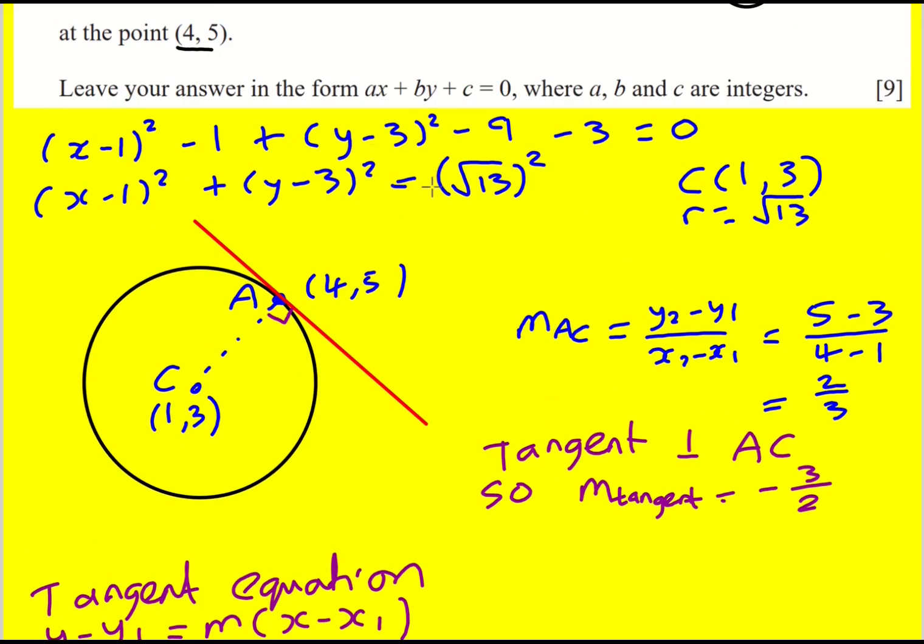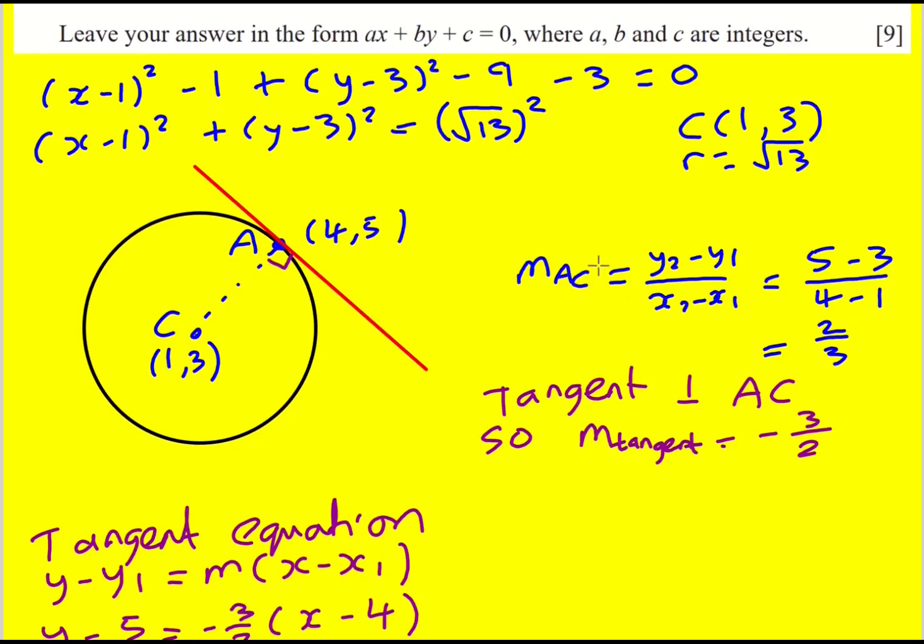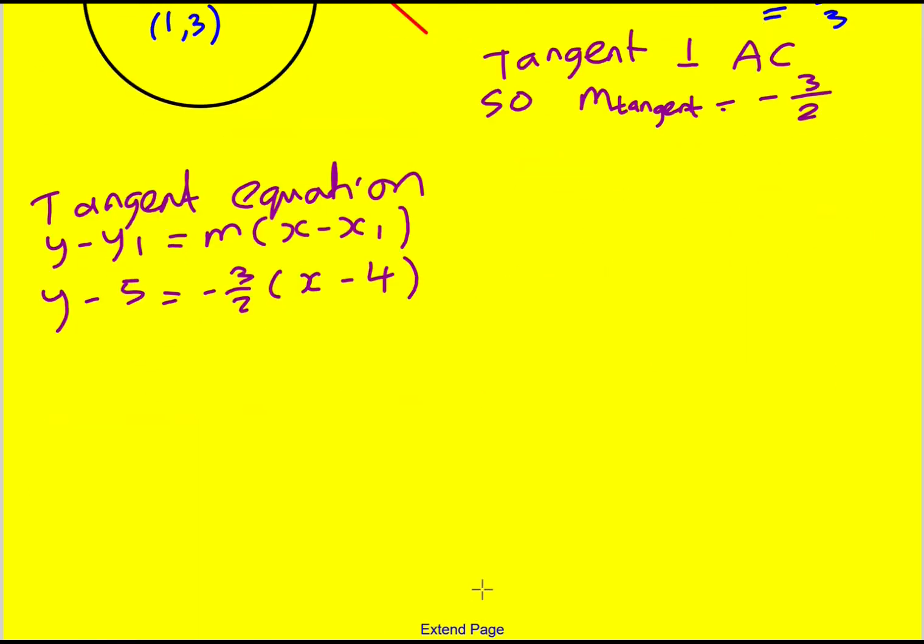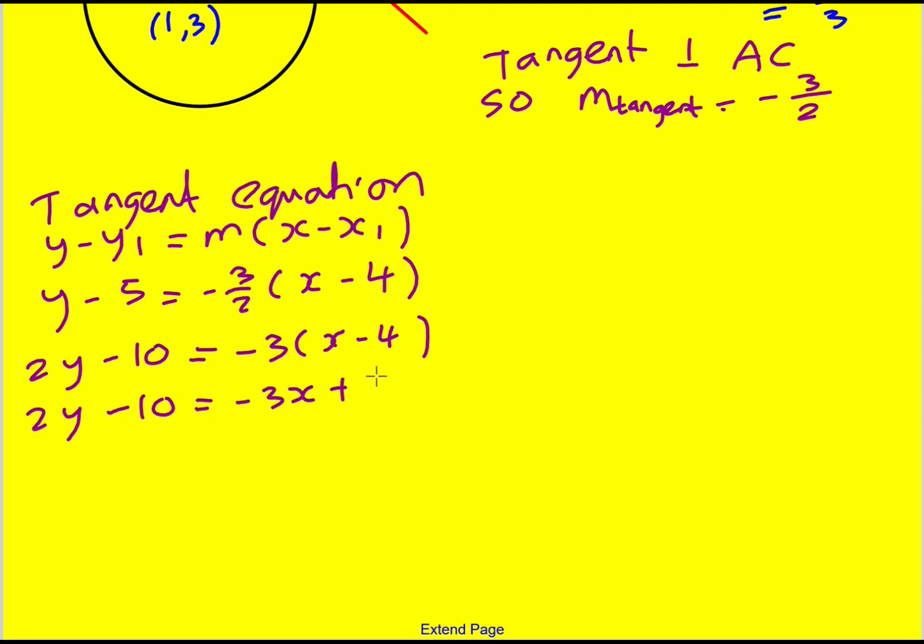It's not been simplified. We're asked to write it in the form ax plus by plus c is 0, where a, b, and c are integers. So my next step is to times through by 2. 2y minus 10 is equal to minus 3 times x minus 4. 2y minus 10 is equal to minus 3x plus 12.